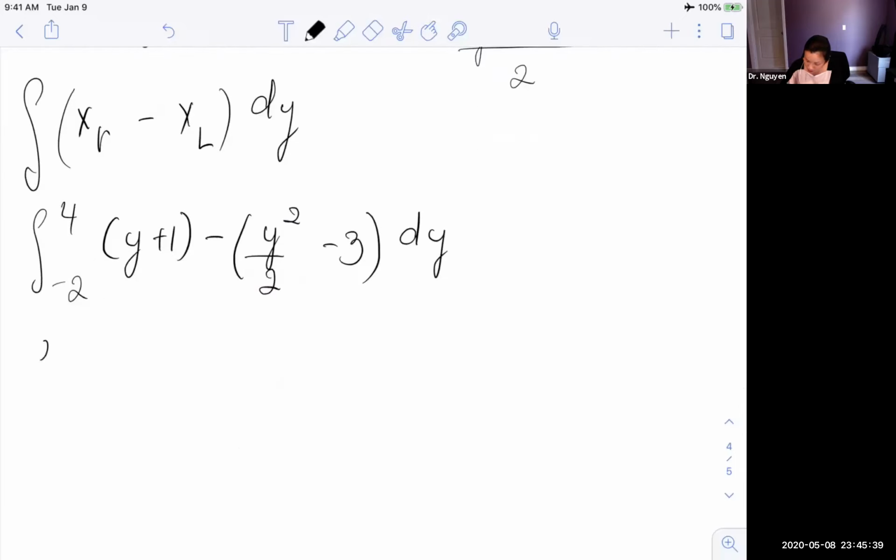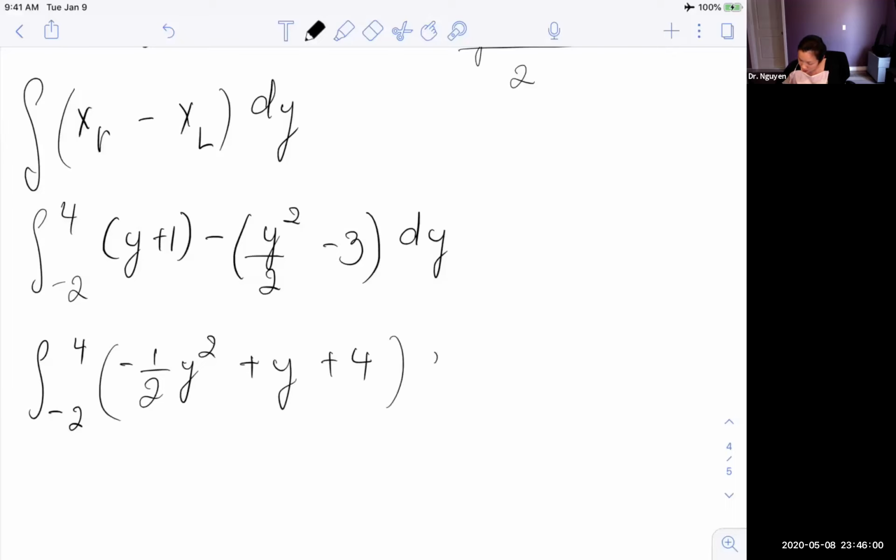Okay, so let me simplify first. So what do we have here? -1/2 y squared plus y. And then we have 1 minus -3, that's plus 4, dy.